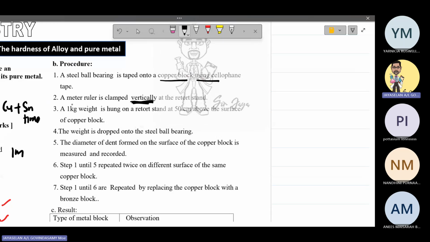You must write this. A 1 kg weight, you can take 1 kg or 500 gram, 2 kg also can, is hung on the retort stand about 50 centimeter, or 100, from the surface of the copper block. So you already score 0.1, 0.2, 0.3. The weight is dropped onto the steel ball bearing, 0.4. The diameter of the dent formed on the surface of the copper block is measured and recorded, 0.5.